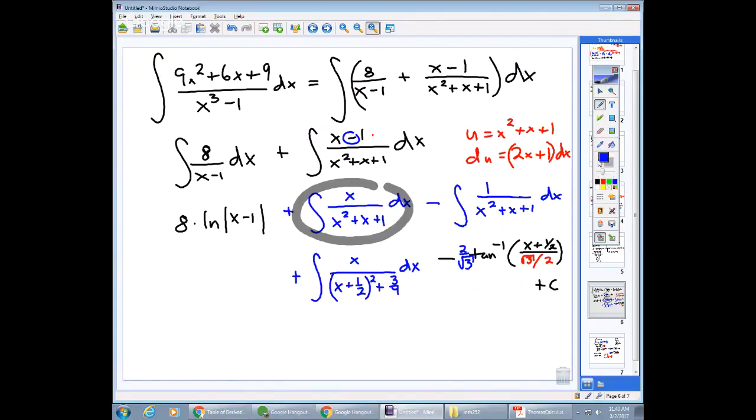So anybody have any thoughts about this one we still need to figure out? I think a U substitution might work. So my guesses are U substitution or, let's see, I don't think integration by parts will work, but it might, or trig substitution might work here.